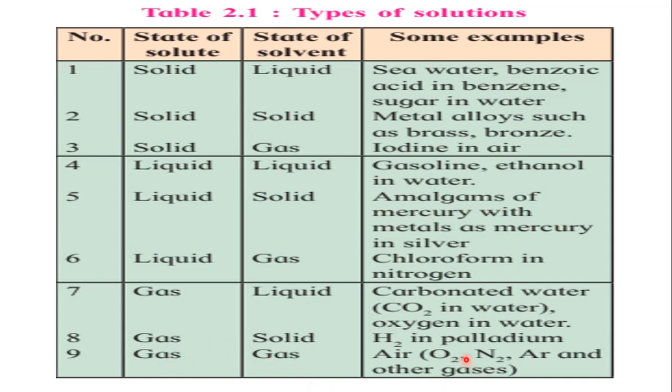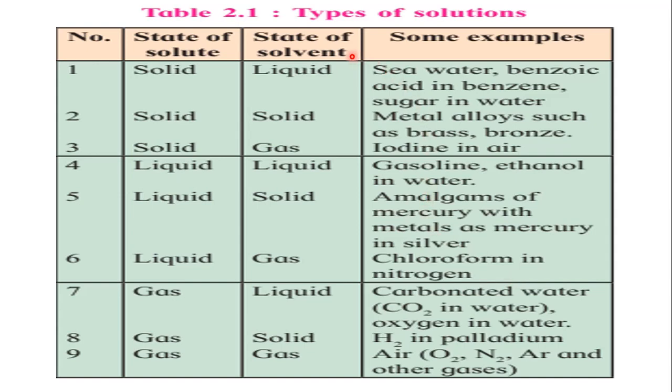Air, example of this type of solution. That is, it contains oxygen and nitrogen. So both are in a, here nitrogen is present in a larger quantity. Oxygen is present in a smaller quantity. So it is also an example of gas in gas. So these are what? The different types of solution.